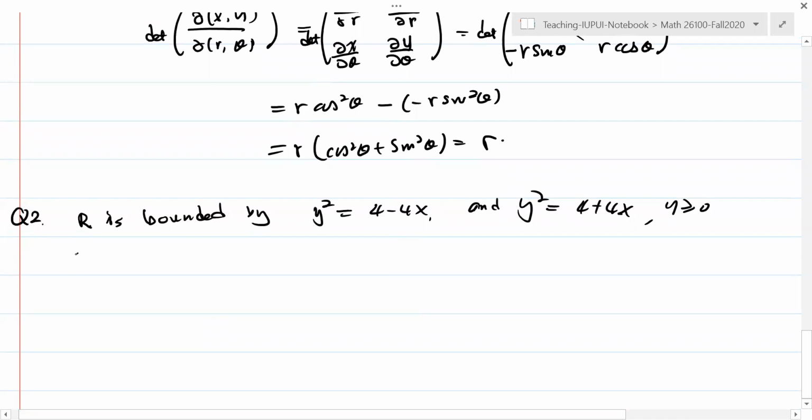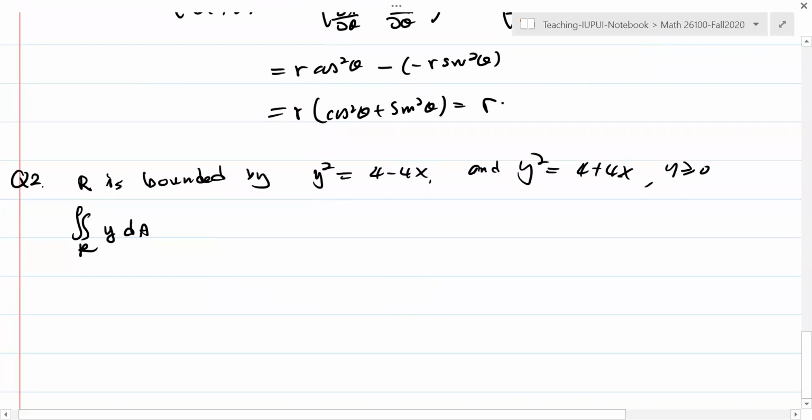We are going to evaluate this double integral. First of all, you have to draw the picture. So this is a part of a parabola, and this is another parabola.